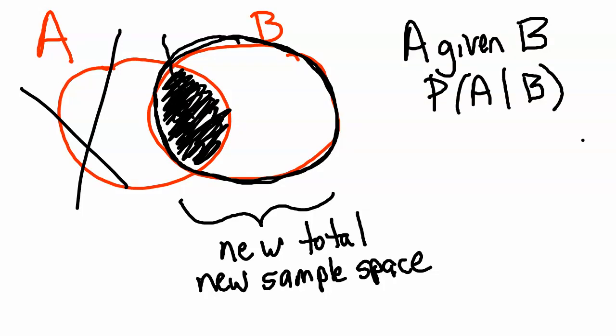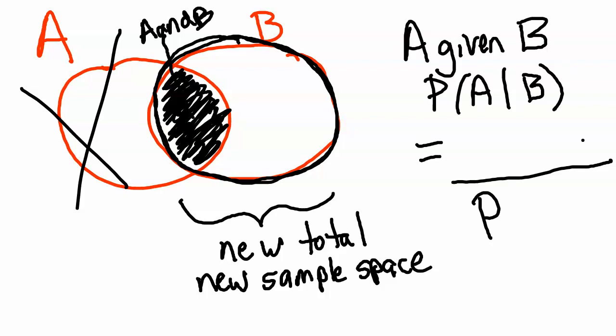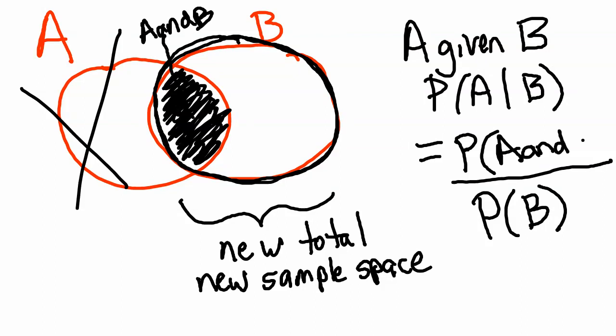This is A and B. So that's why it has to come out of B. So your denominator is the chances it comes out of B, and your numerator is the chances it comes out of A and B at the same time. This overlap part is A and B. So that's a picture of what's happening, and this is called conditional probability.